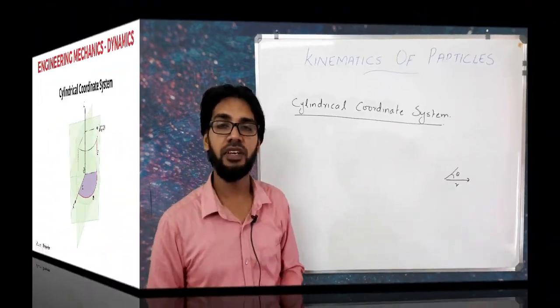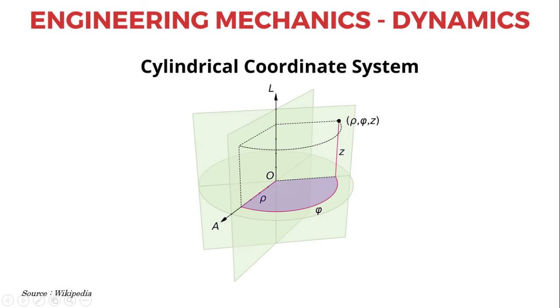Now look at the figure here. This shows the cylindrical coordinate system. Here we have a fixed reference plane and a rotating plane. The angle is measured from the reference plane in an anti-clockwise direction, usually represented by theta or phi.